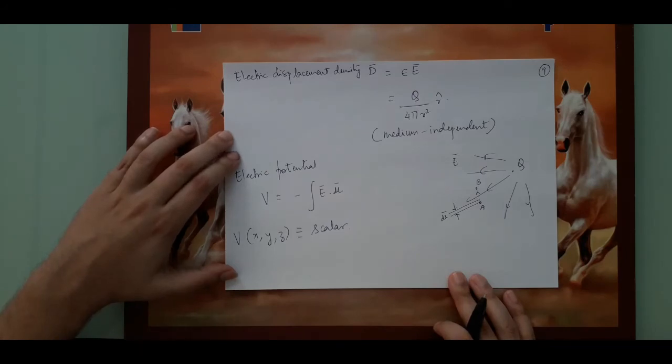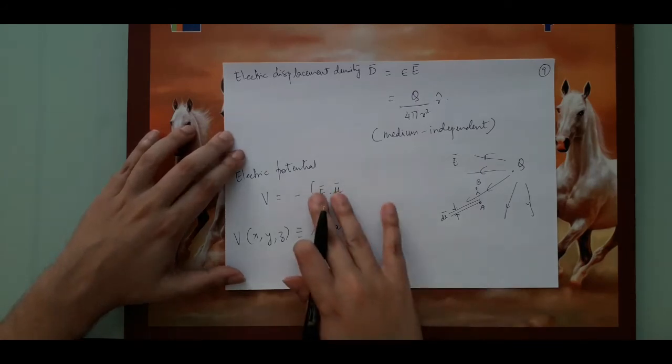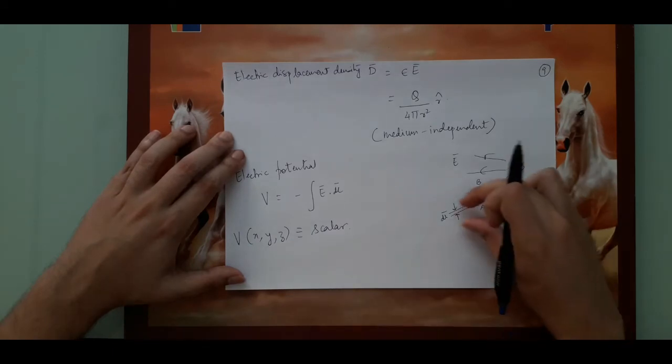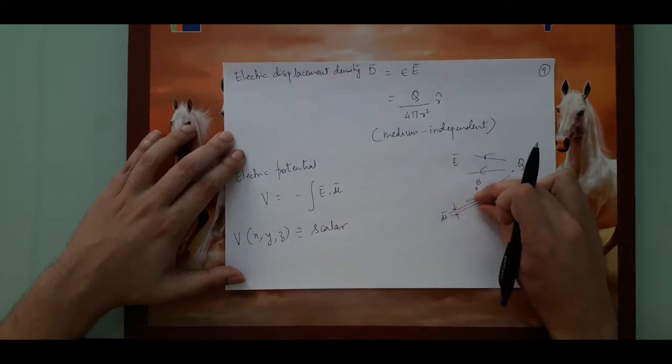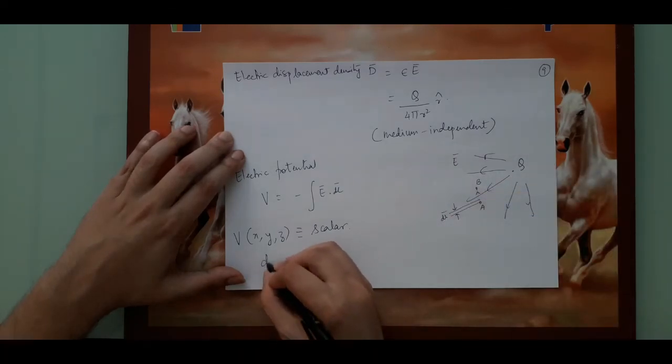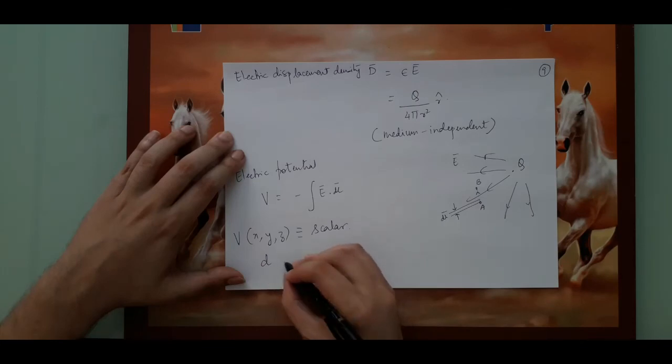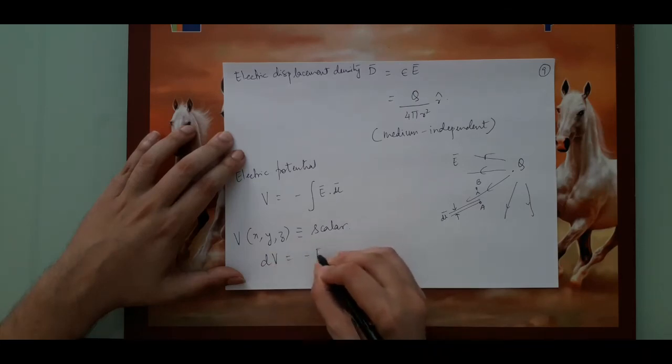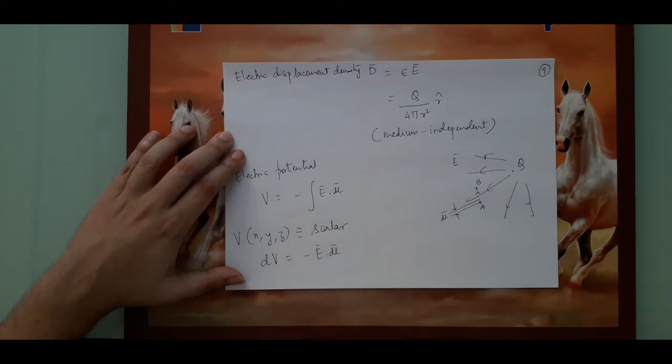So if I don't have this integral, if I only want to consider the small amount of work done to move the charge along the distance dl, then in that case dV is nothing but minus E dot dl.